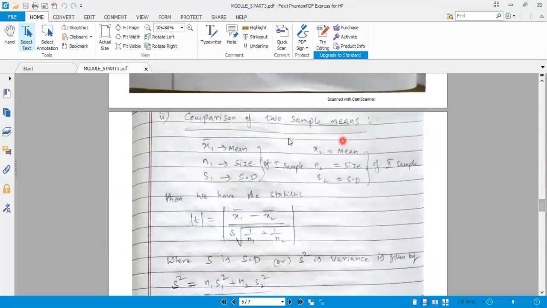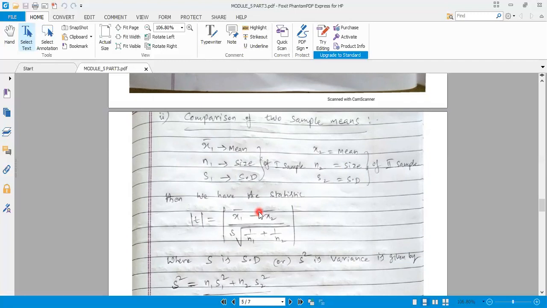Now let us proceed to the second type, the comparison of two sample means, where this is about the first sample and this is about the second sample, where x1 bar represents the mean of the first sample, n1 is size, s1 is the standard deviation of the first sample, x2 is the mean, n2 is size, s2 is standard deviation of the second sample.